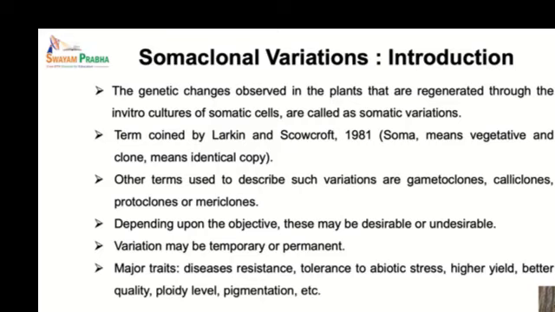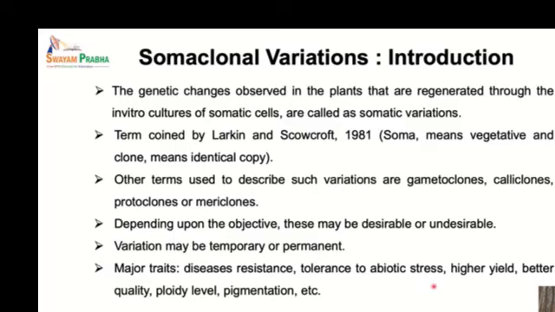Since their identification in the 1970s, somaclonal variations have been identified for several traits in plants. Some of the major traits include disease resistance, resistance to abiotic stress factors like salt stress, heat tolerance or tolerance to freezing temperatures.